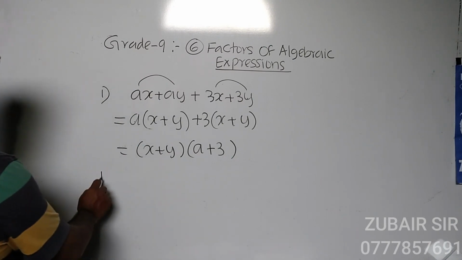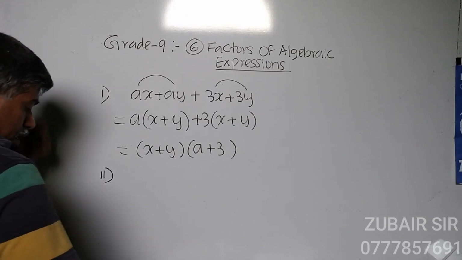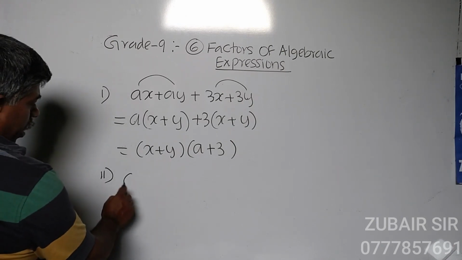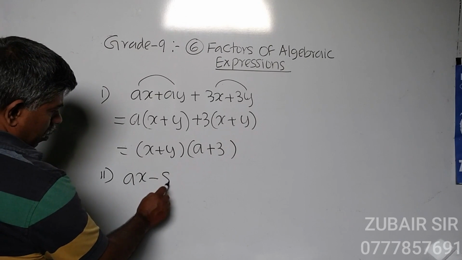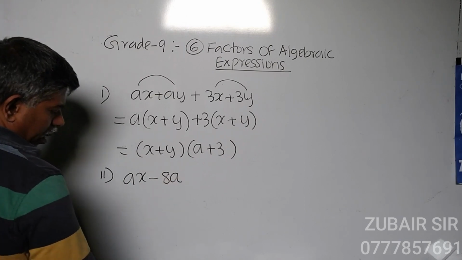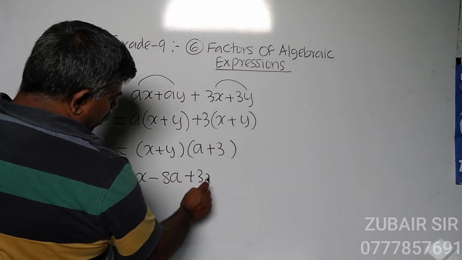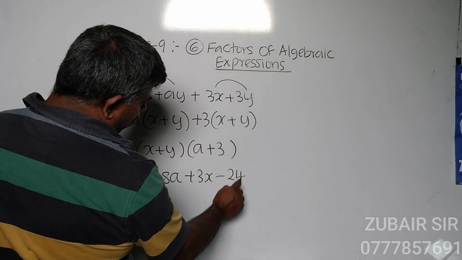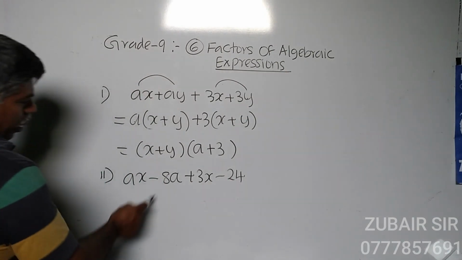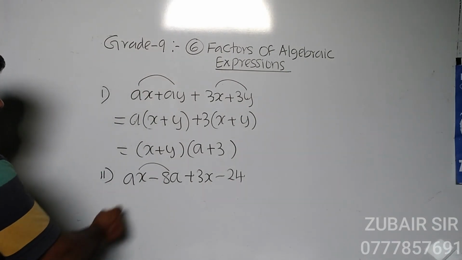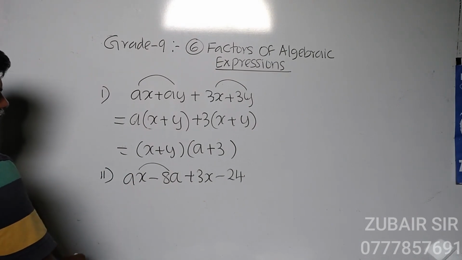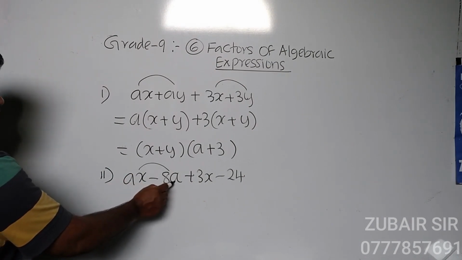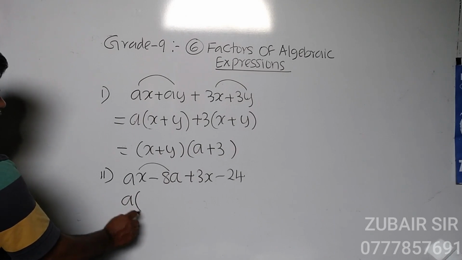separating the factors. Then we'll see you are getting ax minus 8a plus 3x minus 24. Now when you take these two, ax and 8a, both are having a. So we can separate one a.